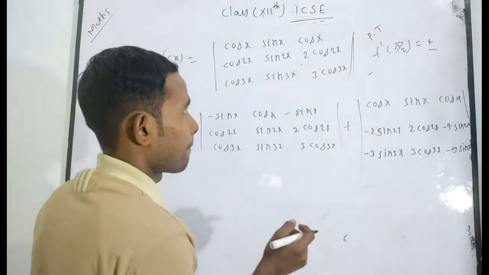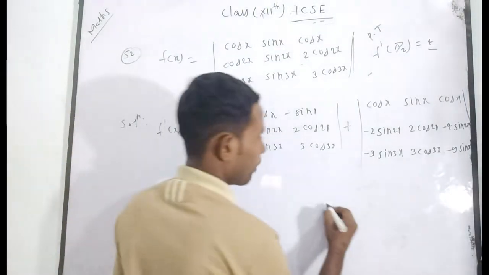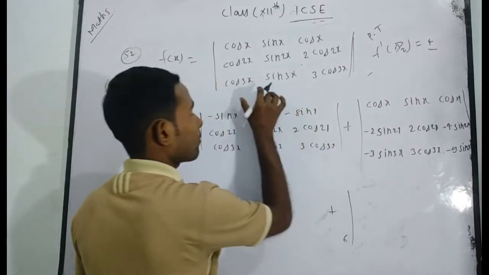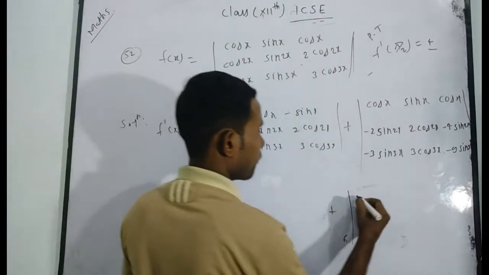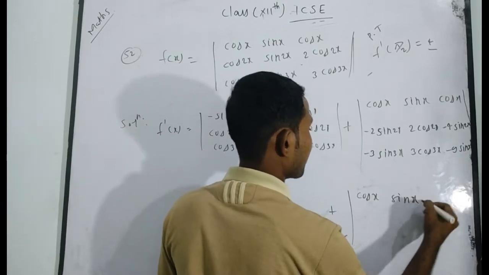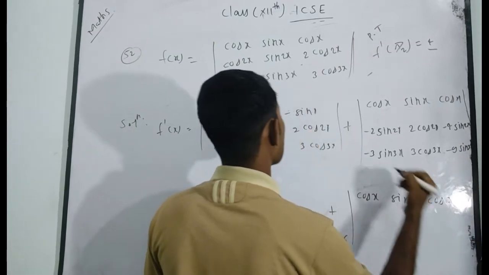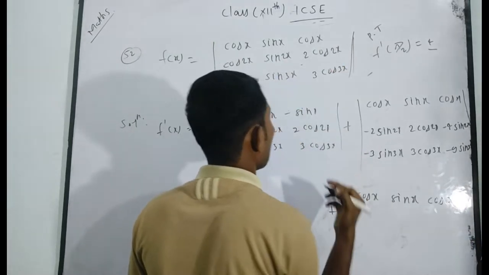Now the third part. Write the first and second rows the same: cos x, sin x, cos x, and cos 2x, sin 2x, 2 cos 2x.